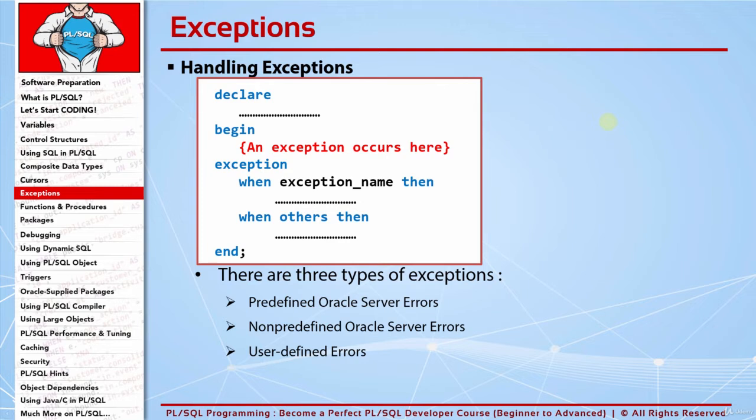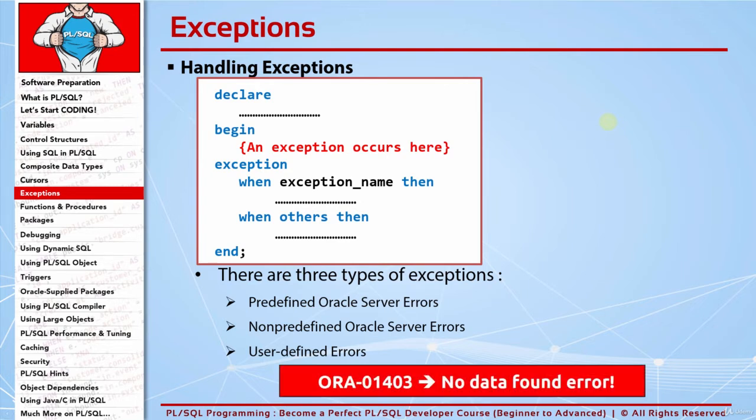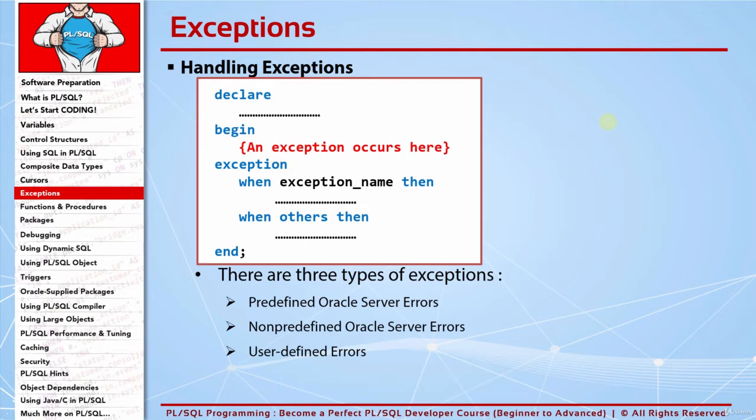For example, we cannot remember that ORA-01403 is the error code of an exception that is assigned for a no data found error. So it will be easier to find them if they have names. So they gave names to about 20 of these errors. In the exception section, we can say when no data found, then do these things. No need to memorize the error code.